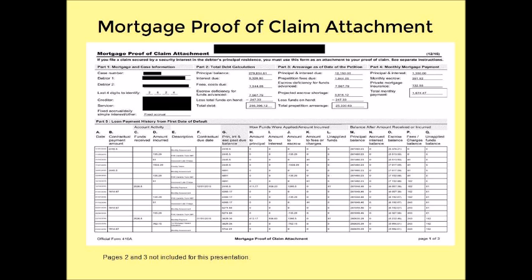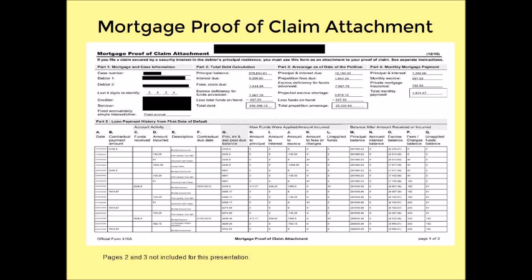If you take a look at the mortgage proof of claim attachment, you'll see it's broken into parts. Part 1 is really about who the mortgage is and that type of thing, although there is an important section in there about whether it's a fixed accrual, daily simple interest, or other. It's interesting how that's misunderstood.